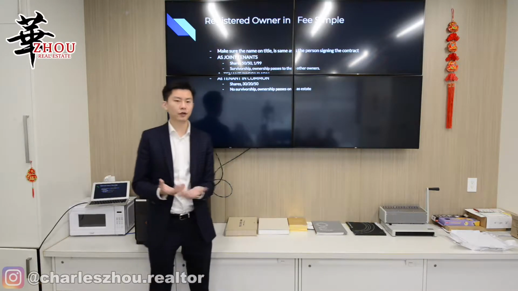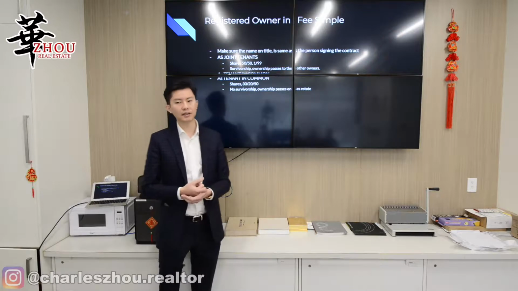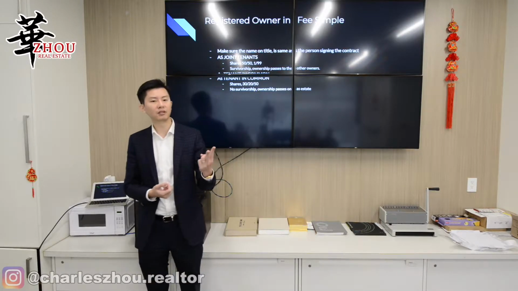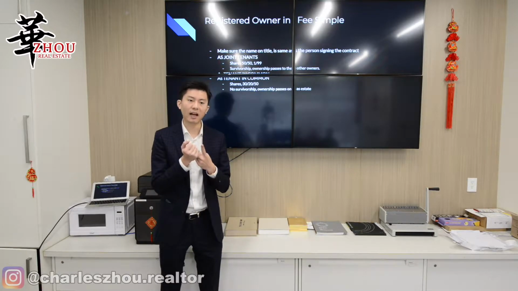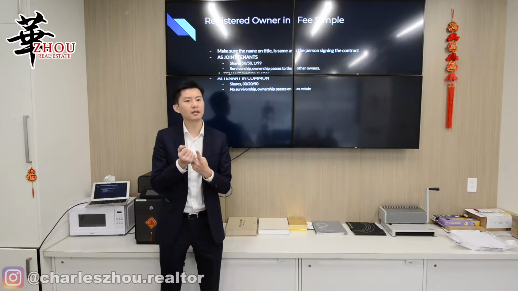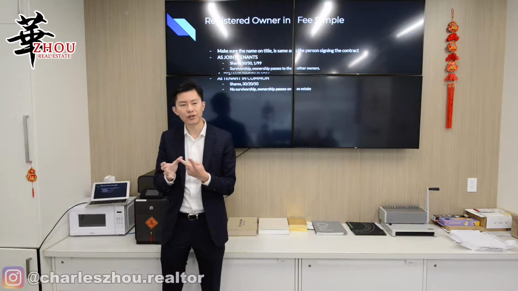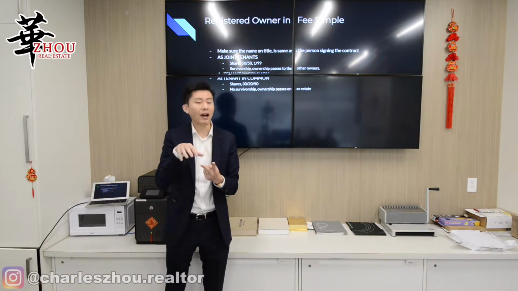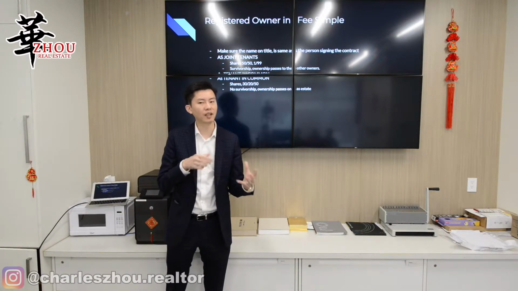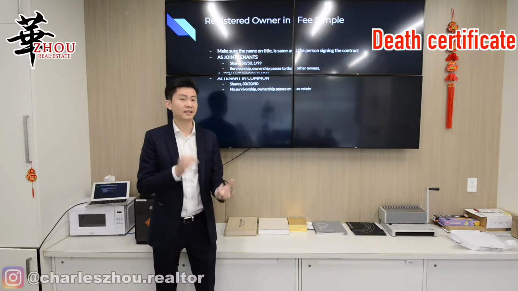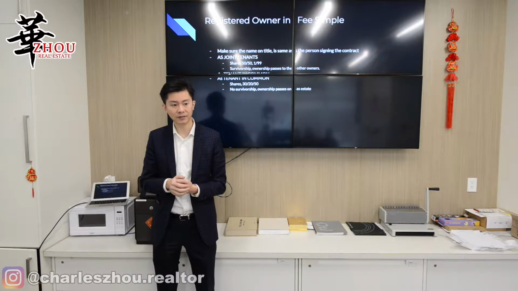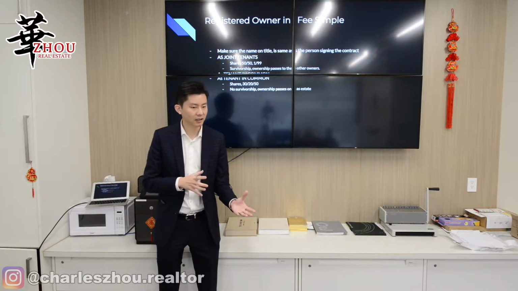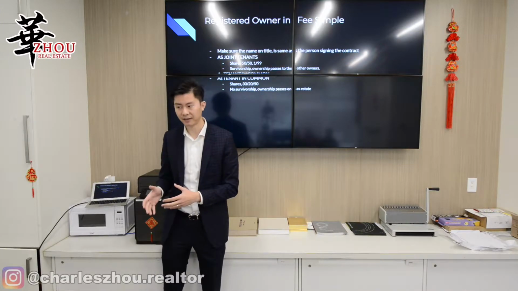So for example, if you sign a listing agreement and you see two people on title, but one of them has passed away, that means the other owner owns 100% of the property if they can provide a death certificate. A death certificate is proof of death.